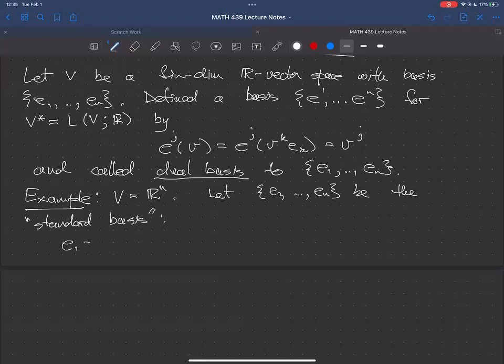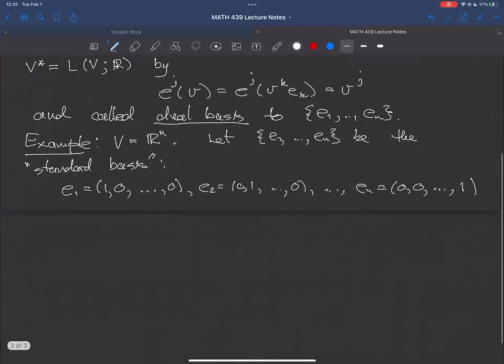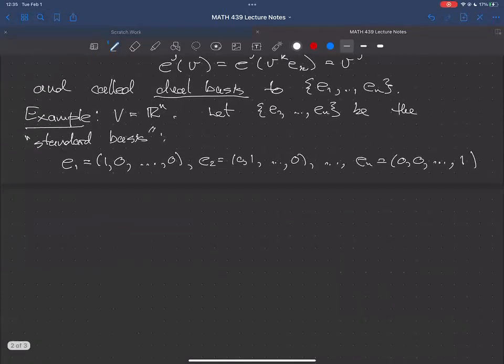E1 is a vector in R^n, and it's the vector which has a 1 in the first place and all the rest zeros, and E2 and so on. So we know what the standard basis is. The question is, what's the dual basis to the standard basis?